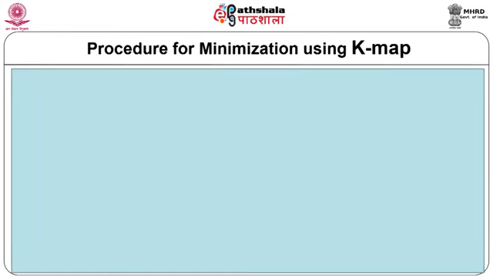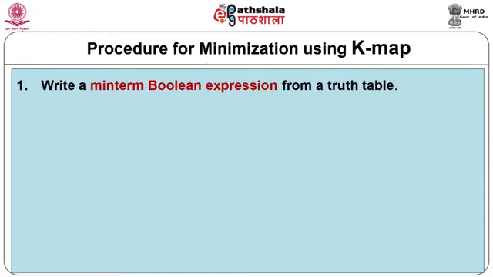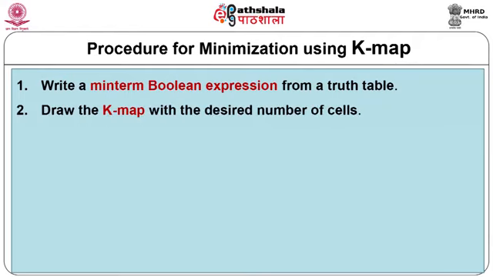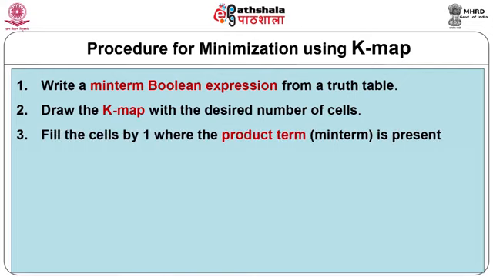Let us now understand the procedure for minimization using K maps. First, write a minterm Boolean expression from a truth table. Each 1 in the output column of the truth table produces an AND term, and these ANDed terms form the sum of products or minterms. Second, draw the K map with the desired number of cells. Step number 3, fill the cell with 1 where the product term is present.